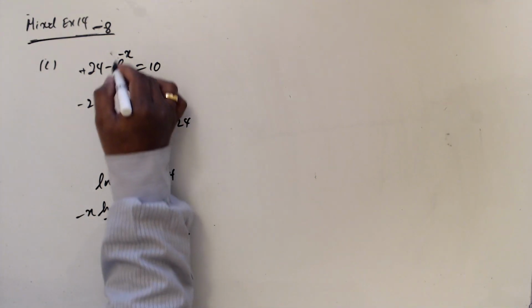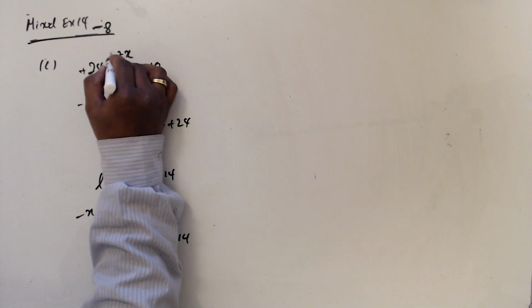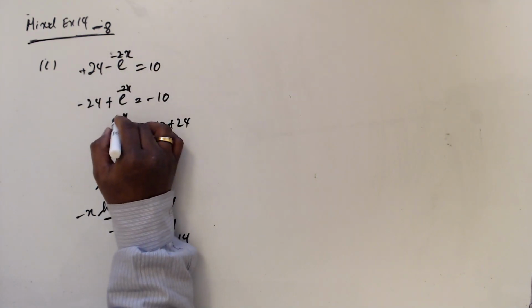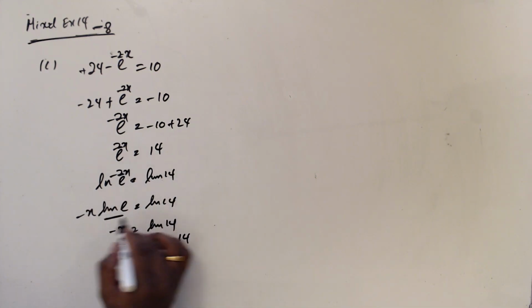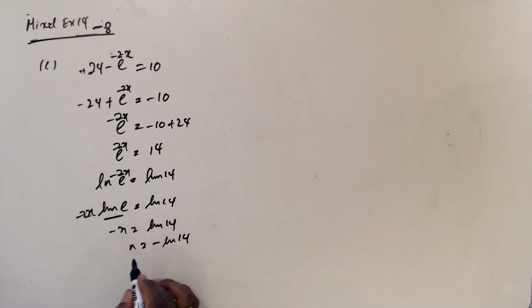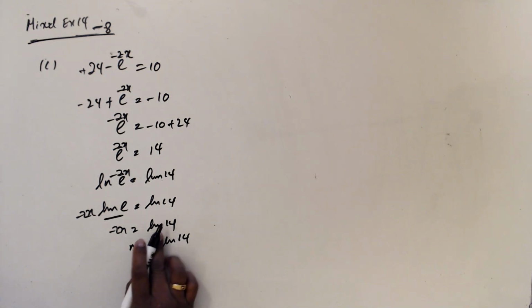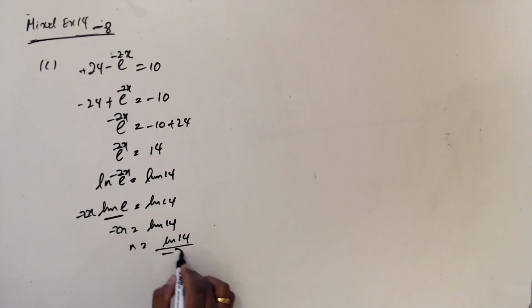Actually, there's a small problem. This is minus 2x. So this will become minus 2x, minus 2x. So then this will become minus 2.